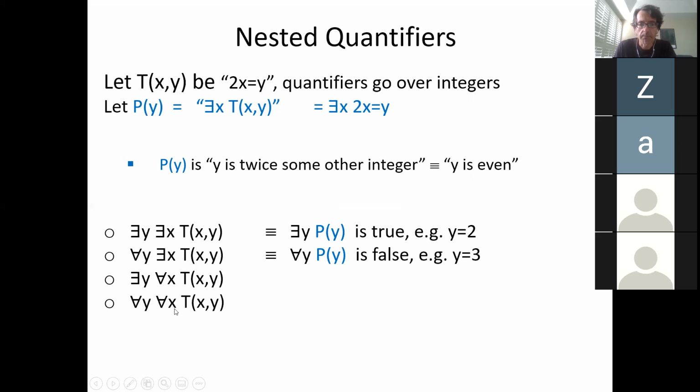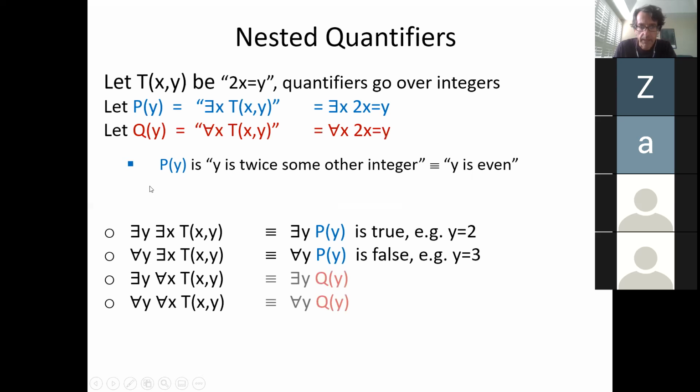For all y, for all x, twice x makes y. Okay, let's look at this inner part. Think of what the inner thing says as a predicate on y. I'm going to define it as the Q predicate on y. The predicate says for all x, twice x is y.